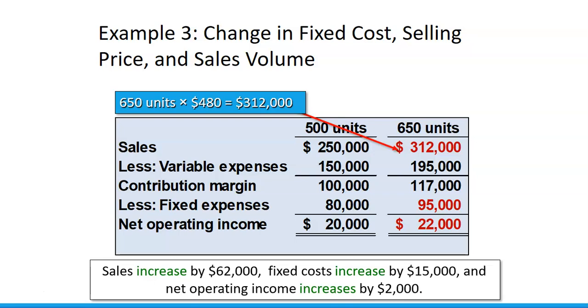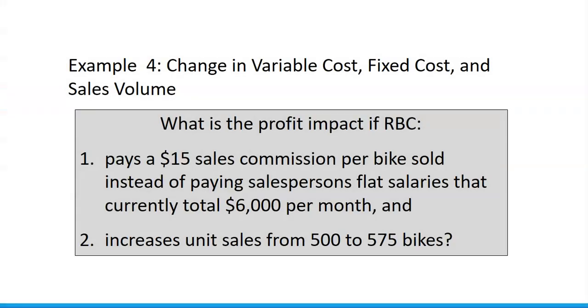The big question there is, do we anticipate this increase in sales every month? Do we think we could always do an additional 150 units, or was that just a one-time thing as an effect of lowering the sales price?